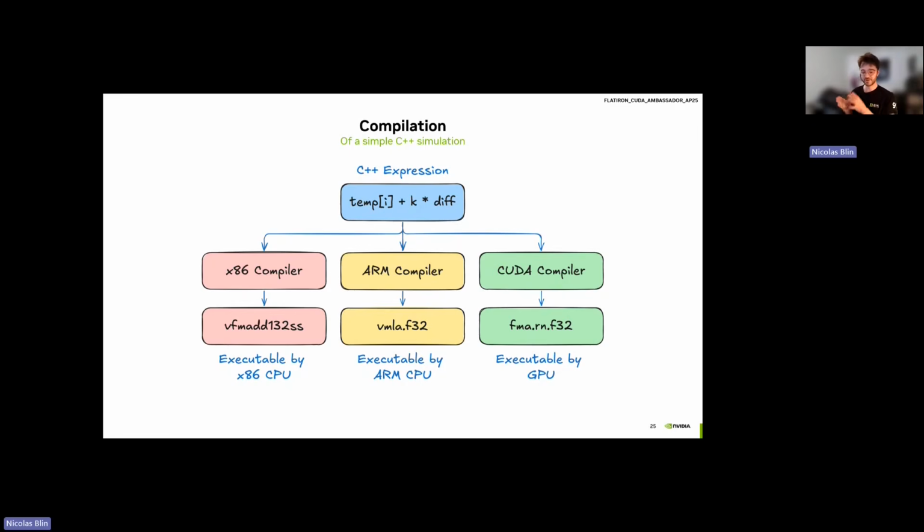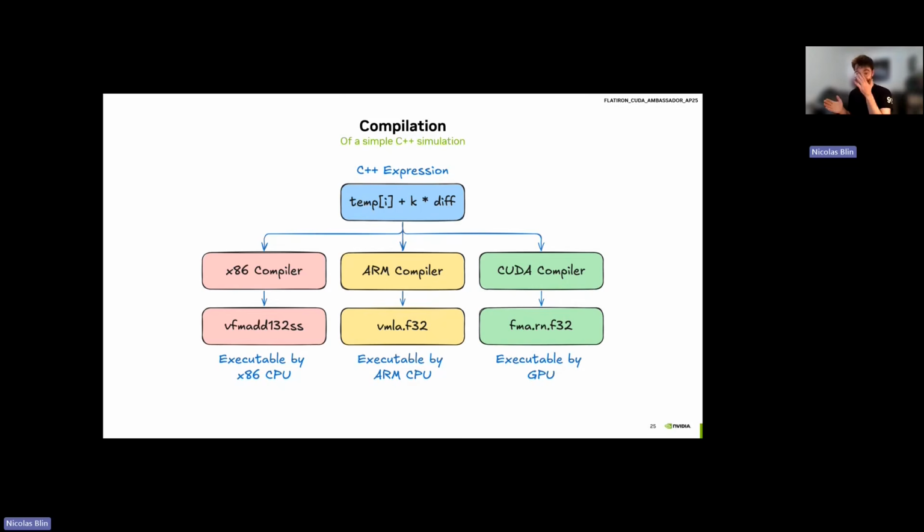And so you can see here that for each different architecture, you will have a different compiler and a different in-the-end instruction that will be executed by the hardware. But at the top, they all see the same code, but this code is not executed exactly the same by the different architectures. It depends on what instruction the compiler will generate.